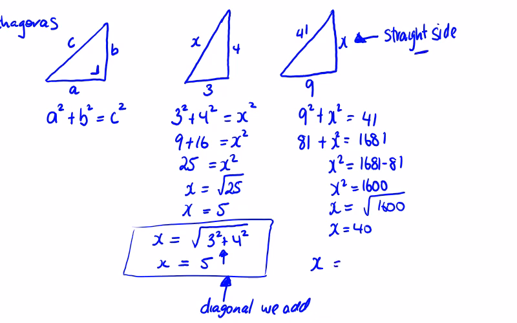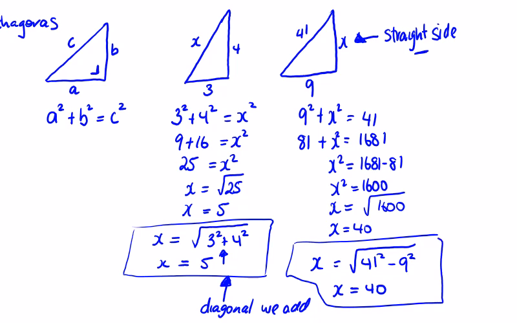So in this case, x is equal to the square root of the diagonal squared minus the straight side squared. So it's nearly the same, it's just the diagonal goes first, we have a minus, and if you type that into your calculator, amazingly, you're also going to get an answer of 40. So you choose which method you want to use. This is 100% correct. This is the best way to solve these problems.